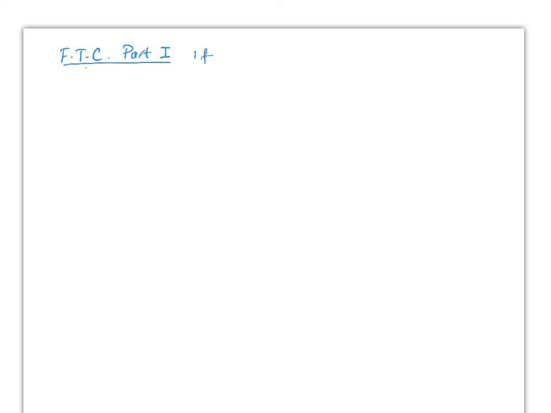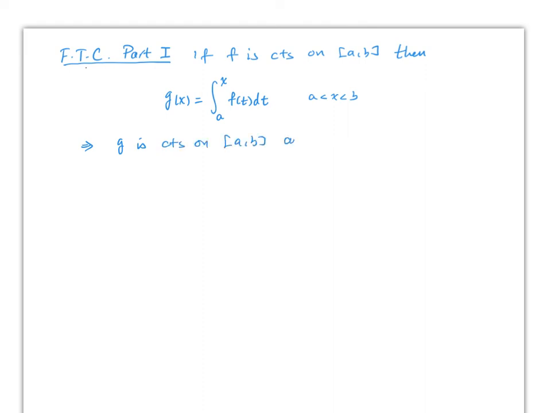And it says the following: if f is continuous on [a, b], then the function g of x defined as the integral from a to x of f of t dt, where x is between a and b, then this implies that g is also continuous on [a, b], and g prime exists on (a, b).